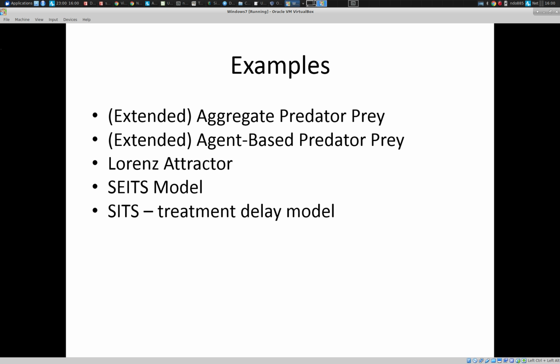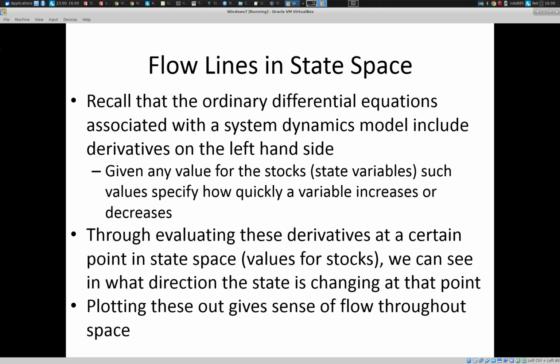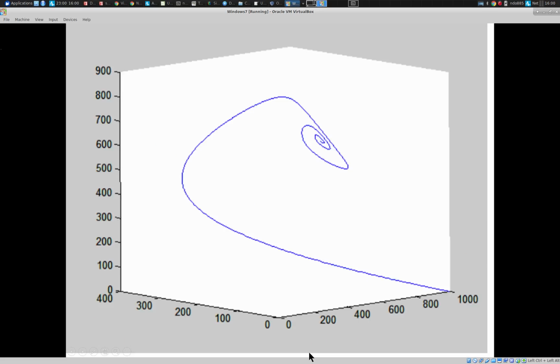And I'm actually not going to have time, given the current time, to show this. But one point to make here is that with many systems, like system dynamics models, we can actually write out equations that say, for any given point in the state space, where does the system go? If you were somehow magically put here, where would it go?